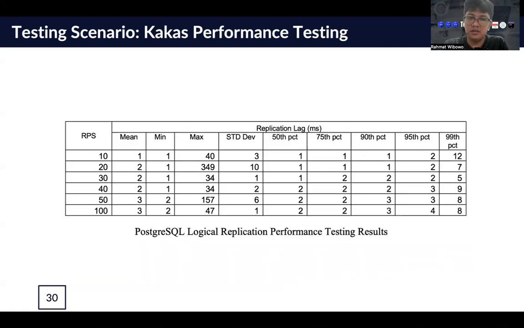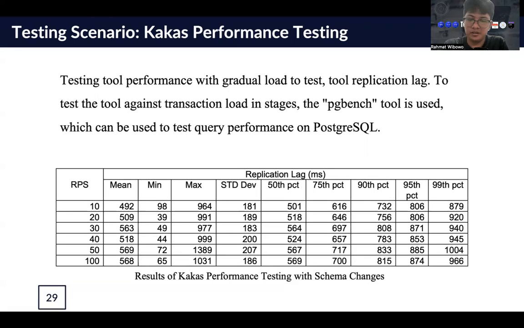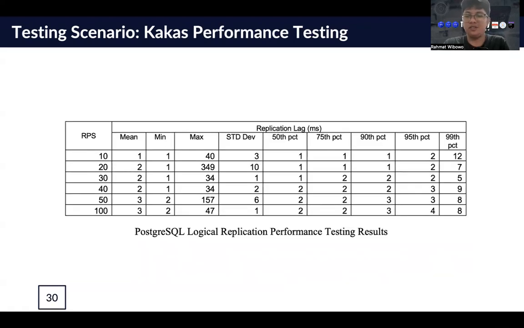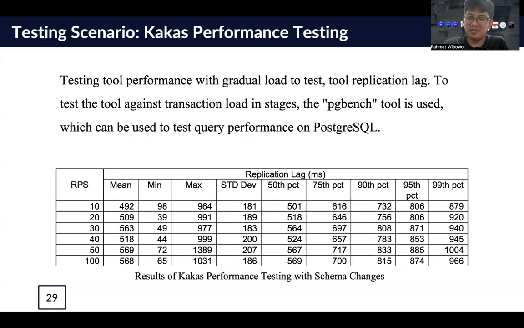But this is a really bad comparison if we compare it with the native PostgreSQL implementation of replication. I can see that 99% of the requests fall below 12 milliseconds, and mine was 95% below 1 second. I can say 99% fall under 1004 milliseconds.